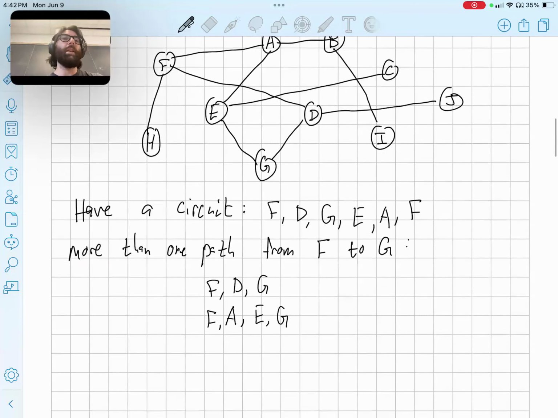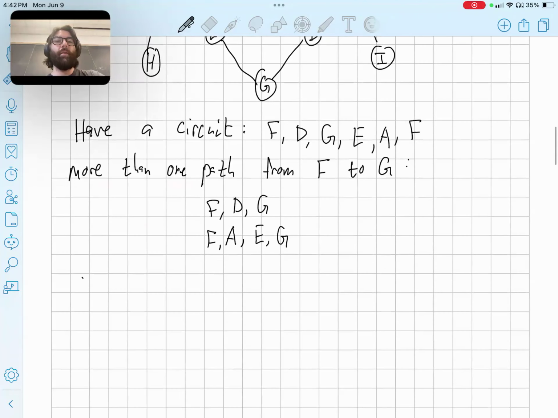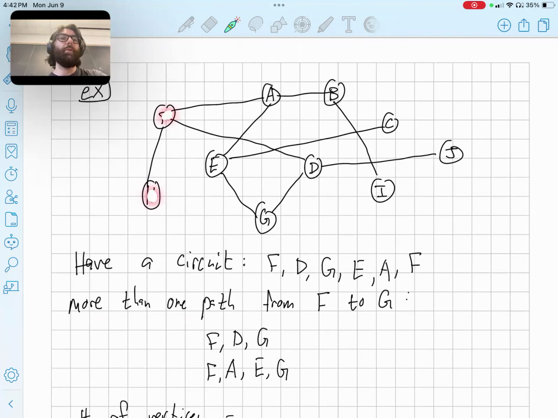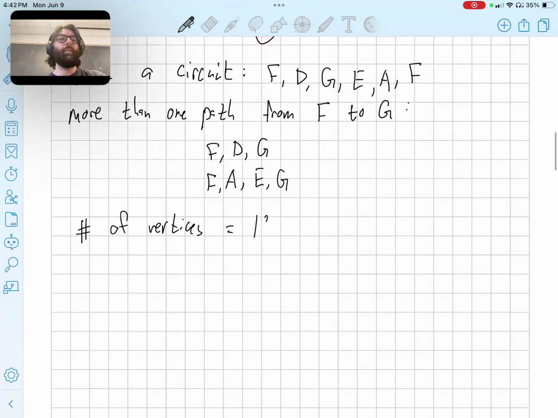That's fine. Then what we can do is we can count the number of vertices. So counting this, we'll have 1, 2, 3, 4, 5, 6, 7, 8, 9, 10. And so I'll ask you, if we have 10 vertices, then how many edges do we need to have in order to be a tree? So we need n minus 1 equals 9 edges, right?